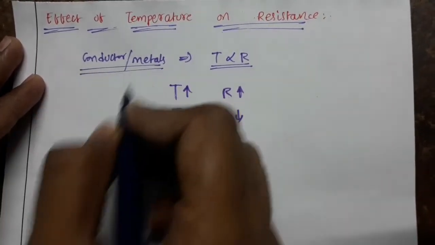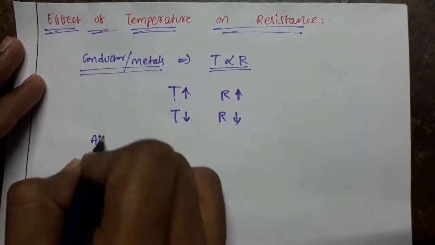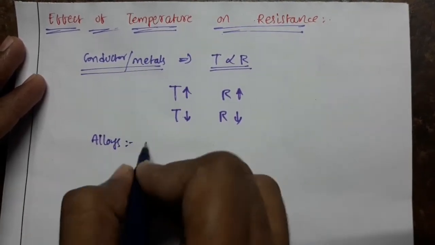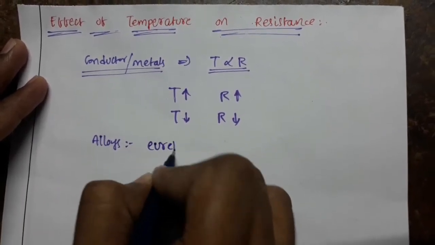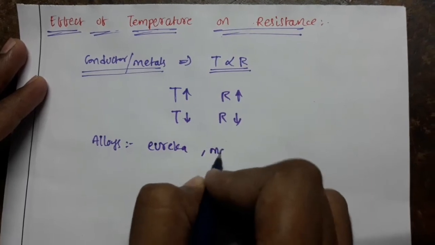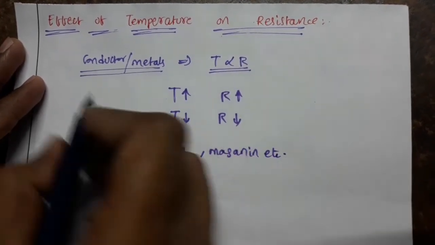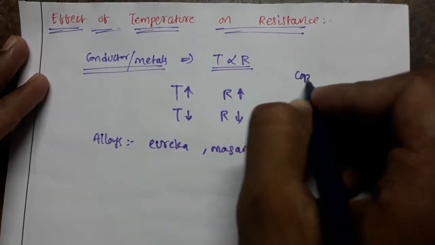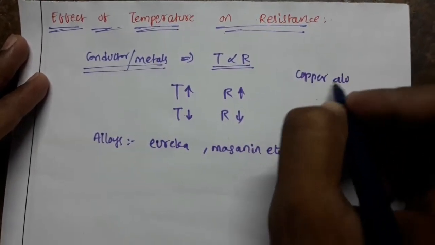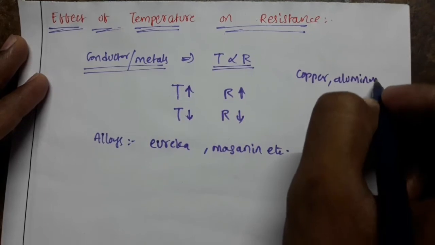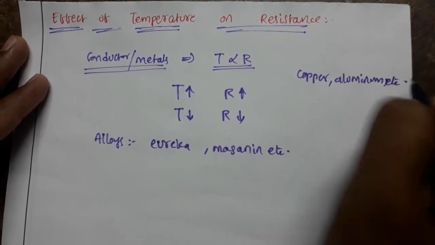The same is applicable to alloys also, alloys like Eureka, manganese, etc., whereas conductors like copper, aluminum, etc.